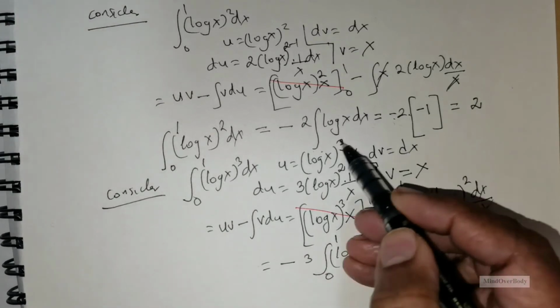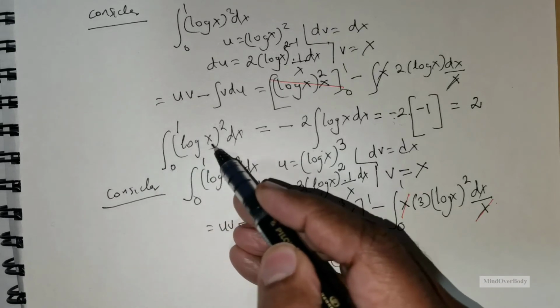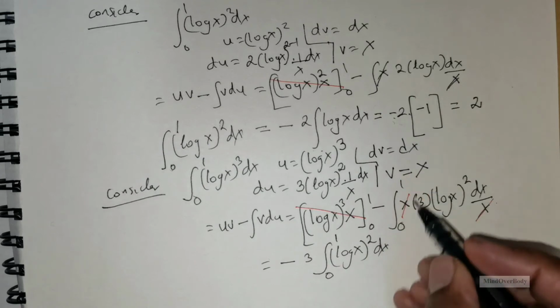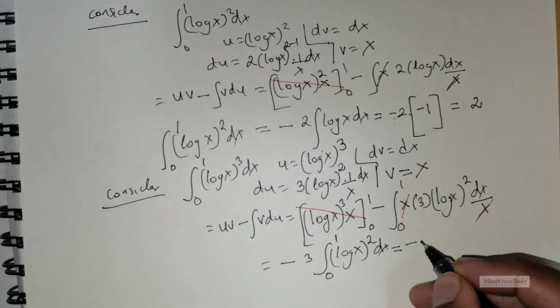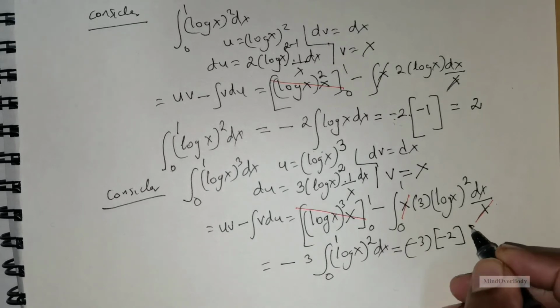But this result, when we integrated 0 to 1 of (log x) raised to the power 2 times dx, we got negative 2 times negative 1. So this is going to be negative 3 times negative 2 times negative 1.